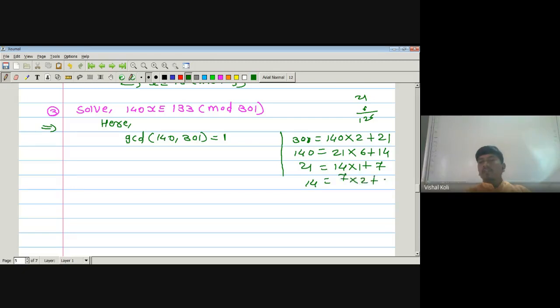Its last nonzero remainder is 7, so the GCD of 140 and 301 is 7.